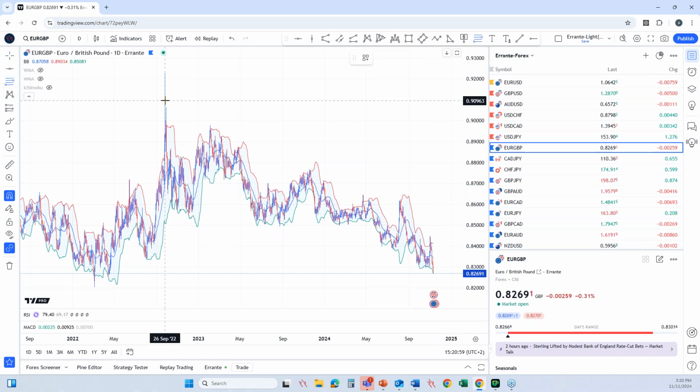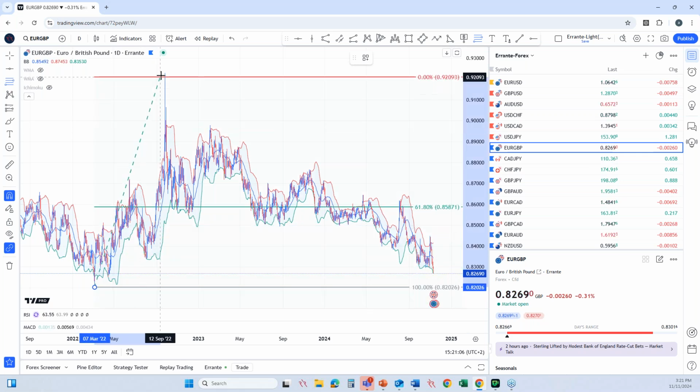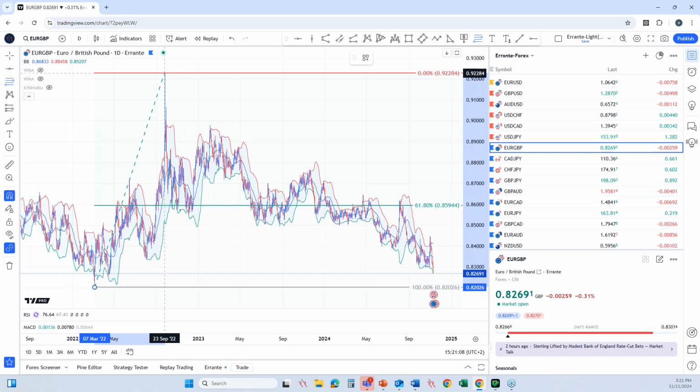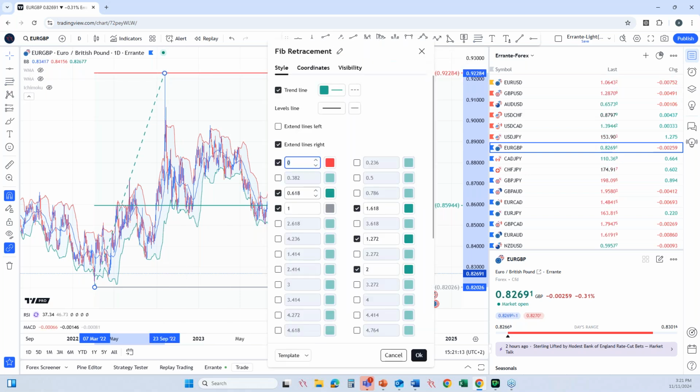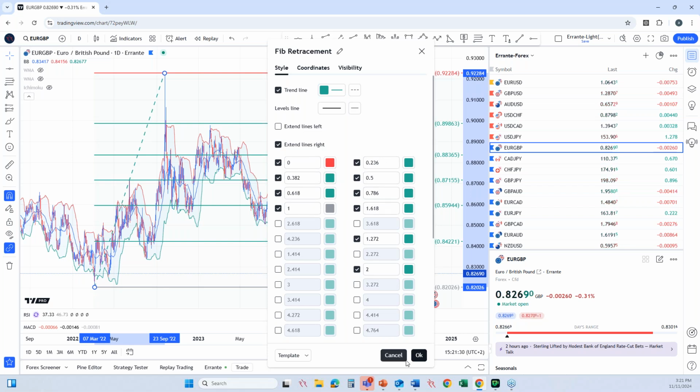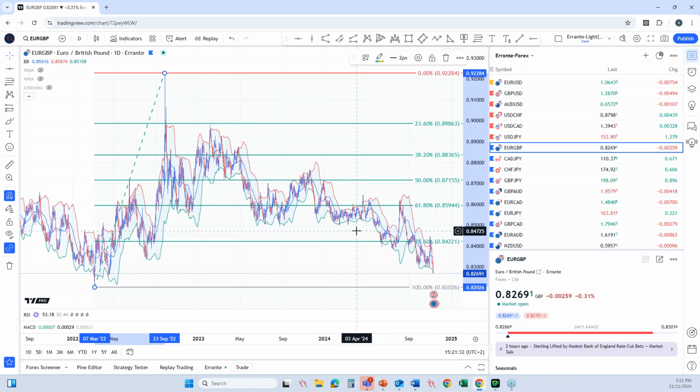Okay, here if you want to apply, for example, Fibonacci to this market bottom to this market top, the one thing you can do is go through this setting, and here you can choose all the different levels, which can be very beneficial to point the further support and resistance levels. And now we have all those retracements visible on the chart.